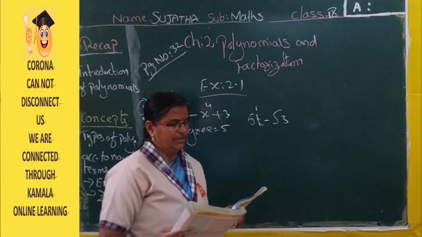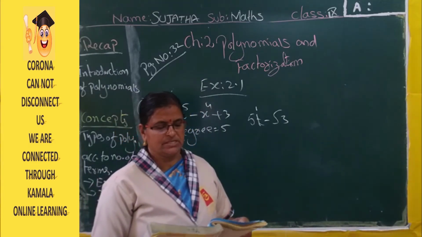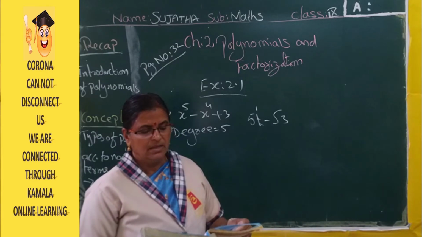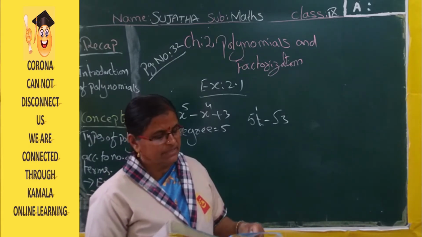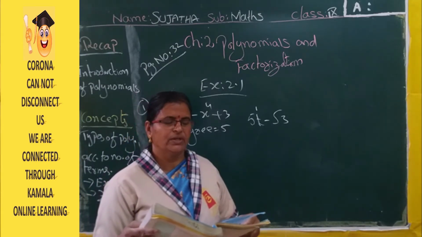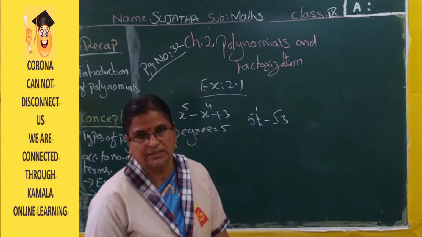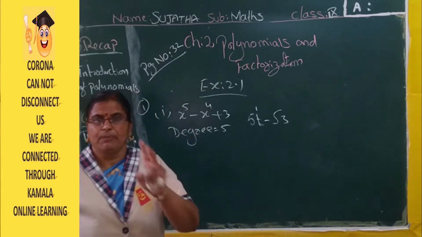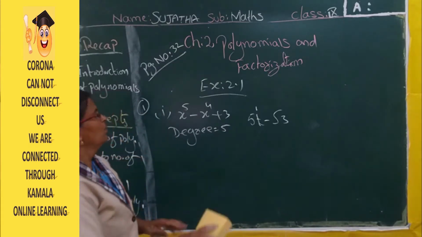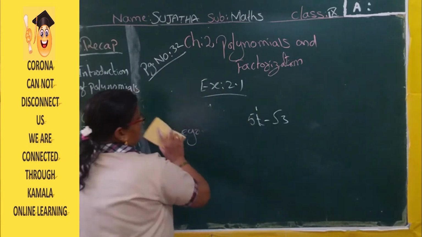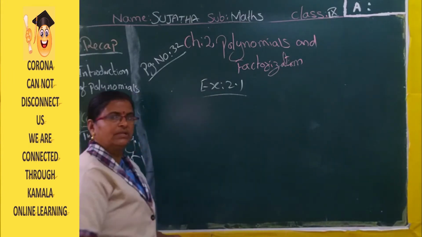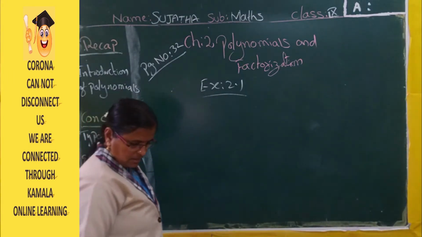Now see the second one. Which of the following expressions are monomials in one variable and which are not? Give reasons for your answers. Here 6 bits are there. First you have to say whether it is a polynomial or not. Then if it is not a polynomial, you have to give the reason.